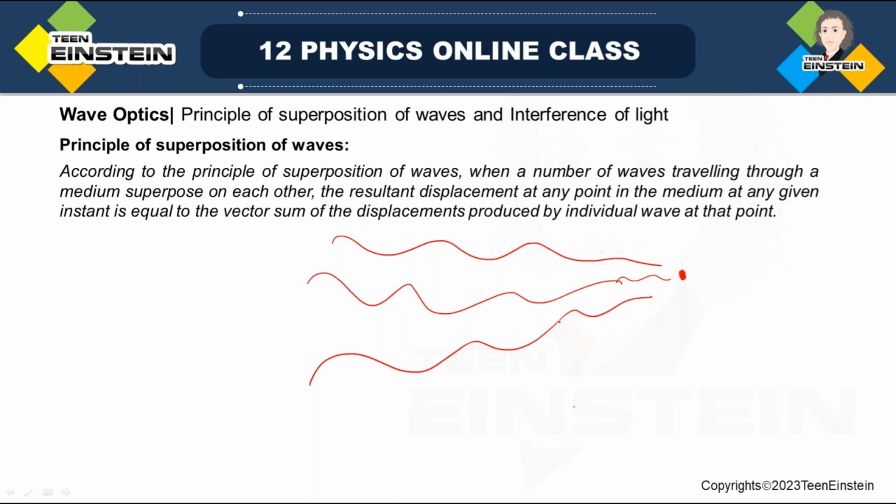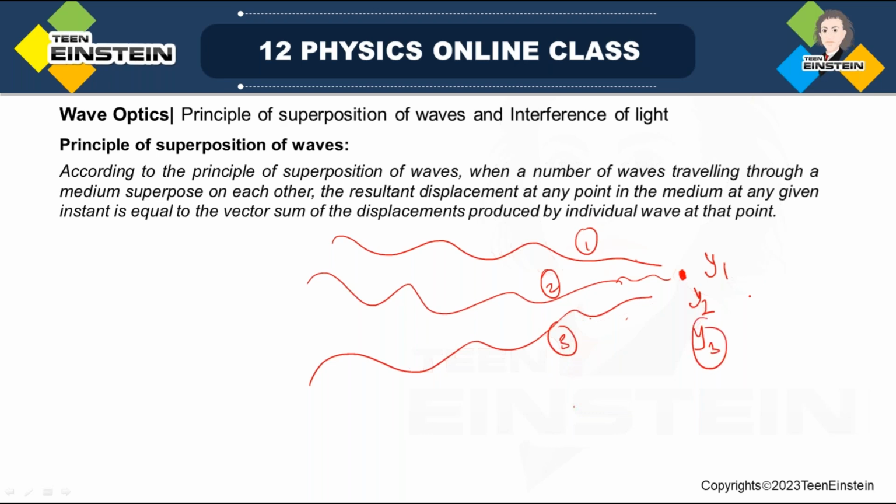Okay, independent, so that when it comes here, suppose wave number 1, wave number 2, wave number 3, these three waves. When this one passes through, maybe the displacement is y1, and when this one is passing through this point of the medium, it is producing displacement y2, and when this is passing through, it is producing displacement y3.